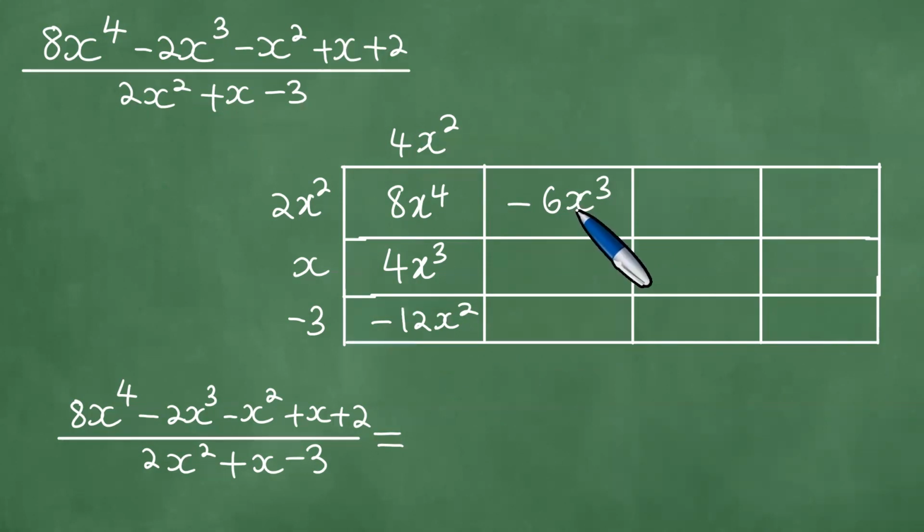So we divide minus 6x cubed by 2x squared, and we get minus 3x. If you multiply 2x squared by minus 3x, you get minus 6x cubed. x by minus 3x, you get minus 3x squared. Now, minus 3 times minus 3x, you get 9x.